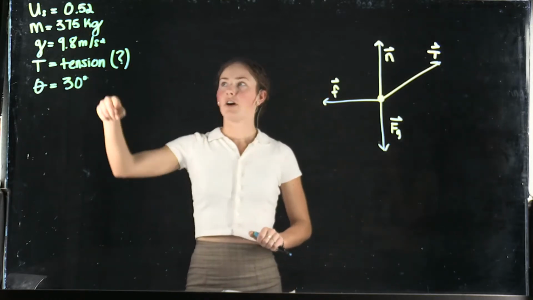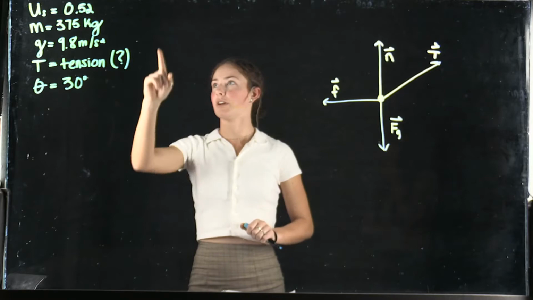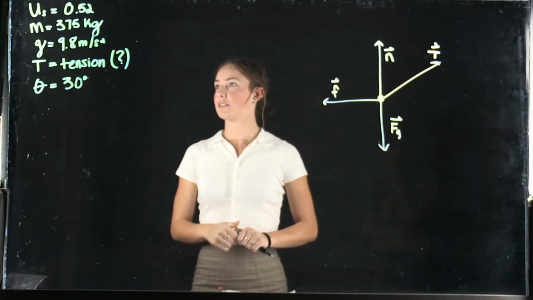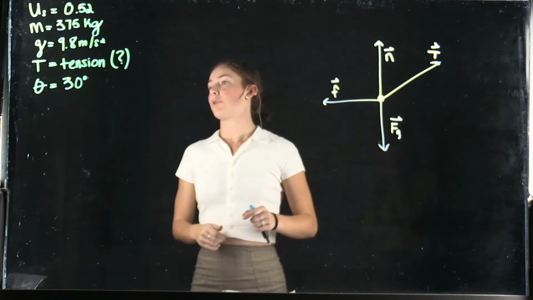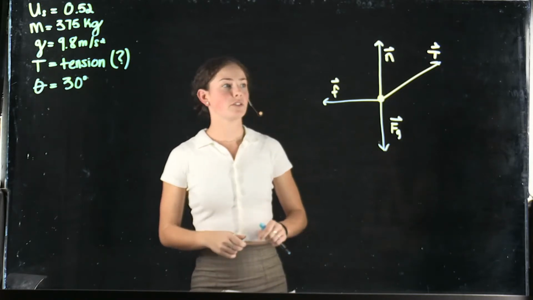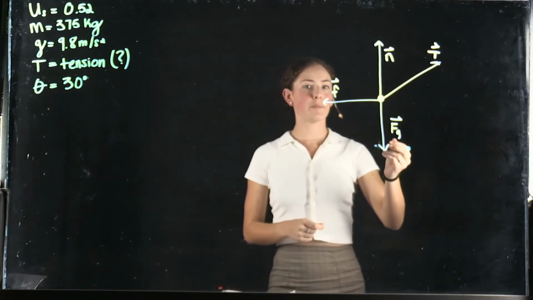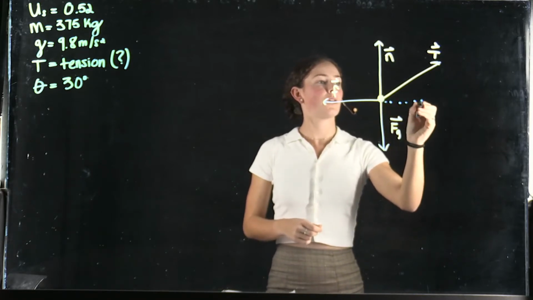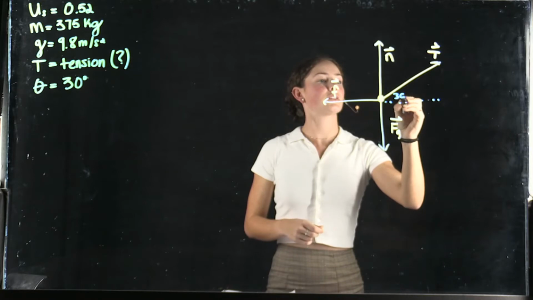So I've listed our knowns over here. We have the static friction coefficient, we have the mass, we know gravity, we're looking for the tension, and we know theta. So this is our free body diagram over here. We have the tension, which is at an angle of 30 degrees.